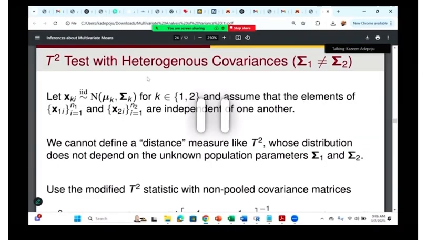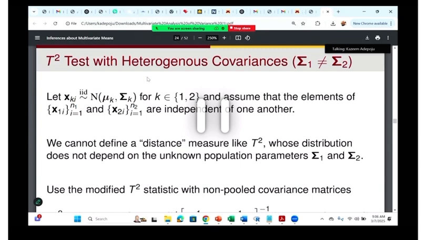But the approach that we used in constructing confidence intervals and hypothesis testing assumed that the two groups have the same covariance structure. I'm going to say that again. The approach that was used on Wednesday assumed that the two groups have the same covariance structure.